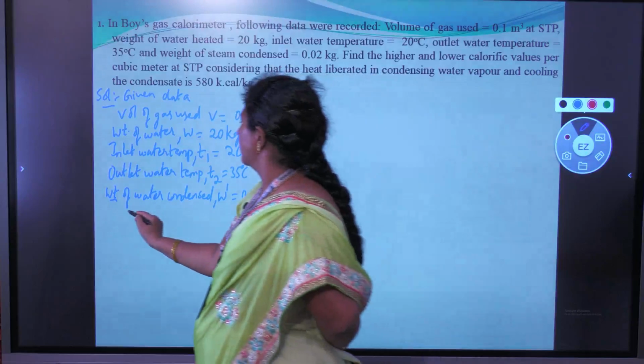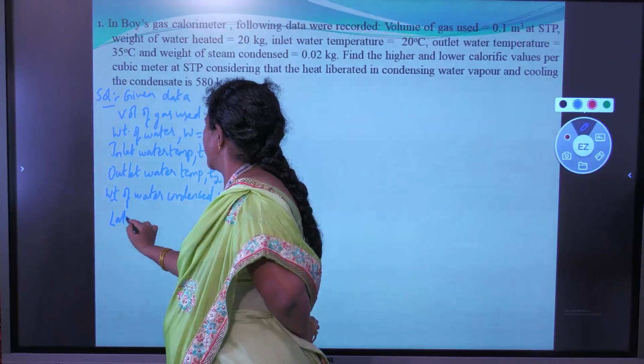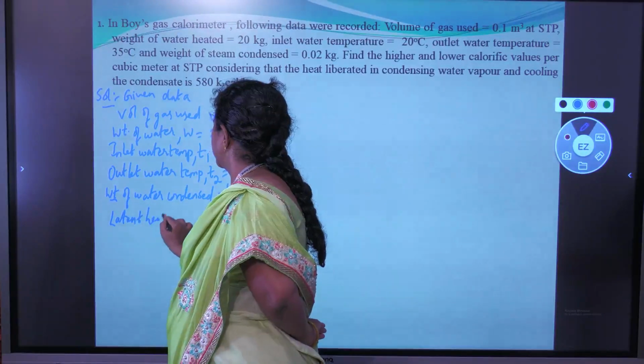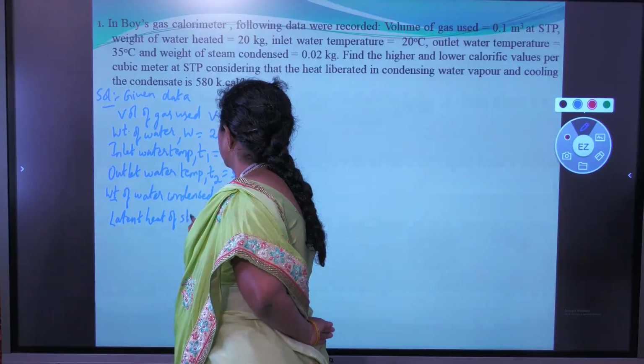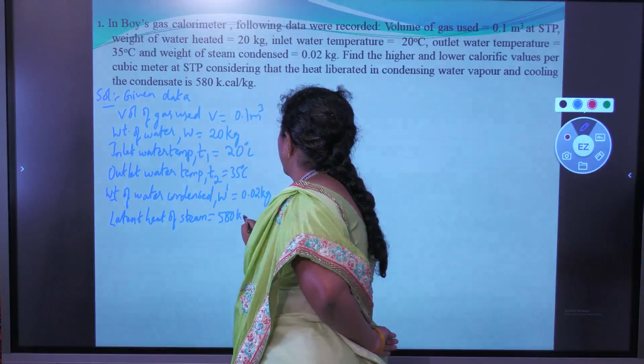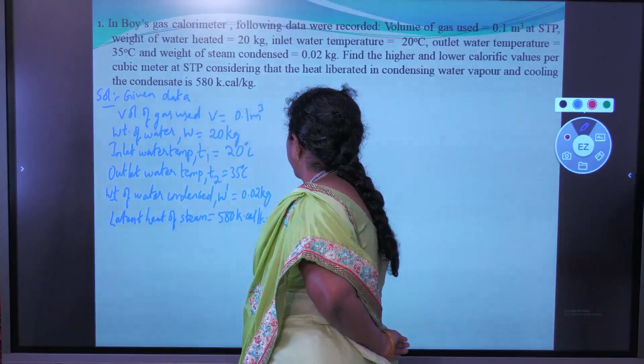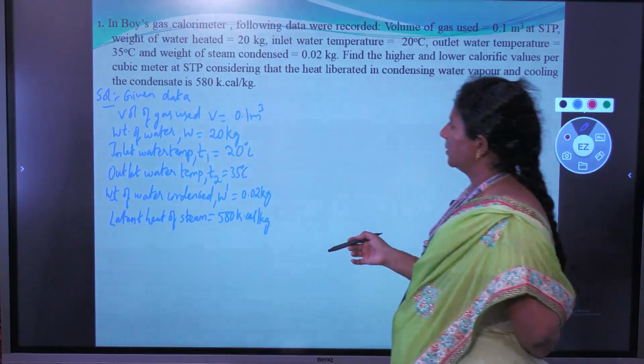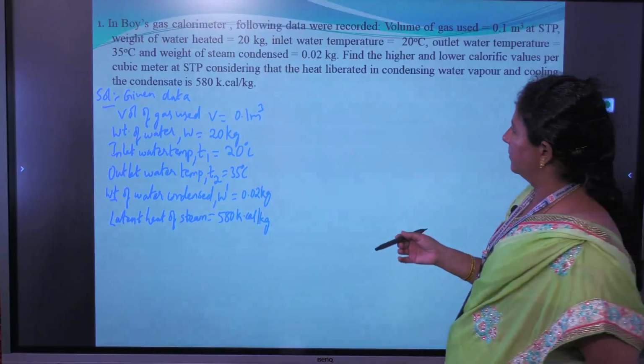Next given, latent heat of steam is 580 kilocalorie per kilogram. So this is the data given to us.